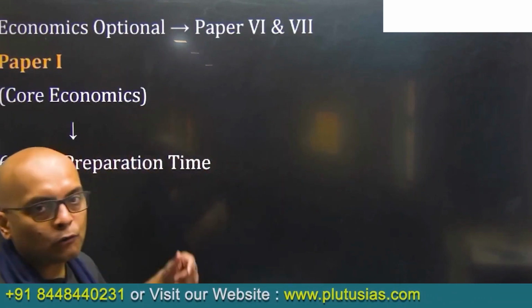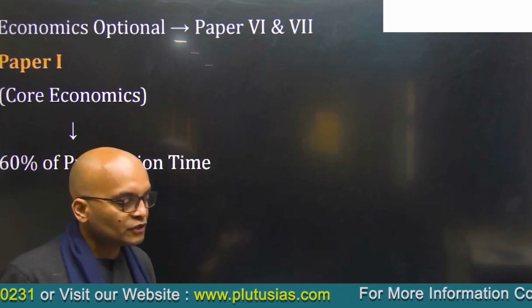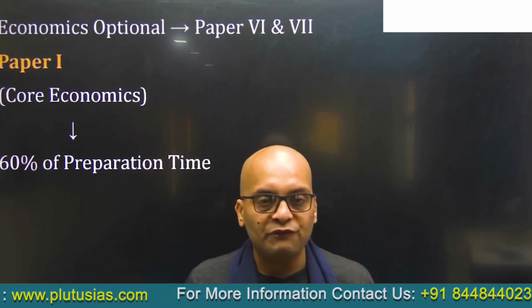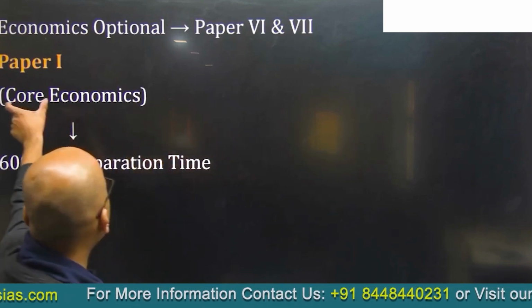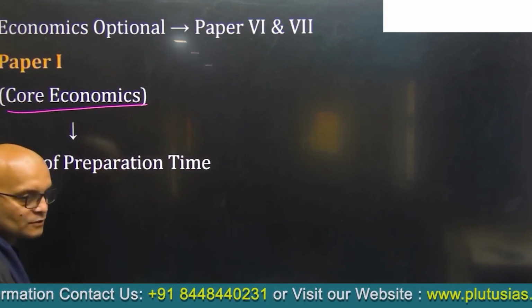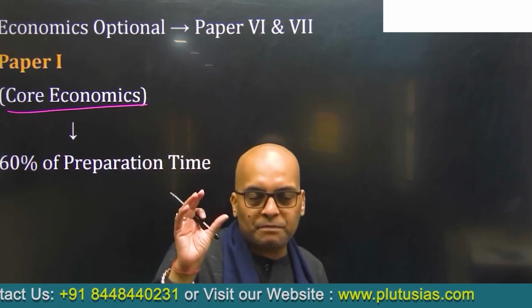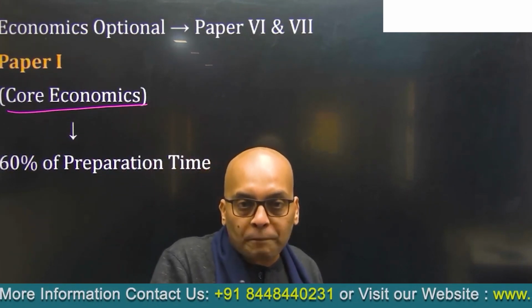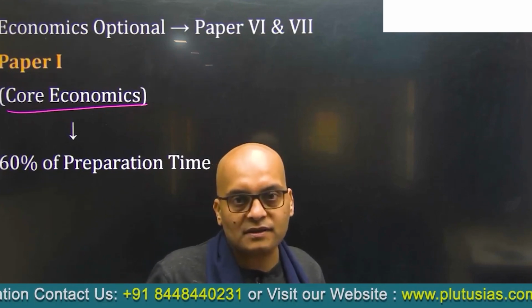If we talk about economics optional, there are two papers, as I have told you earlier. Each paper is of 250 marks. Paper 1 is related to core economics. I am just giving you an introduction to both papers, from what topics they are mostly asked.